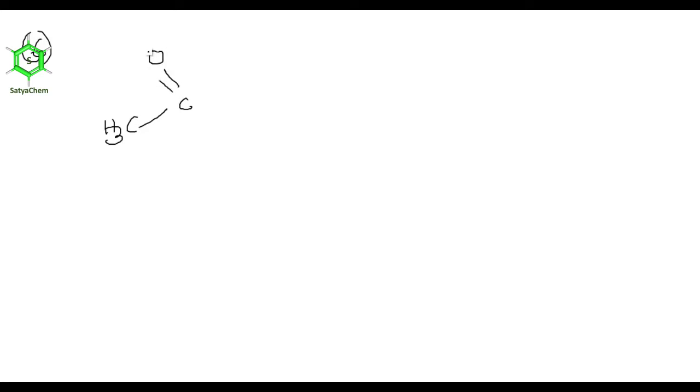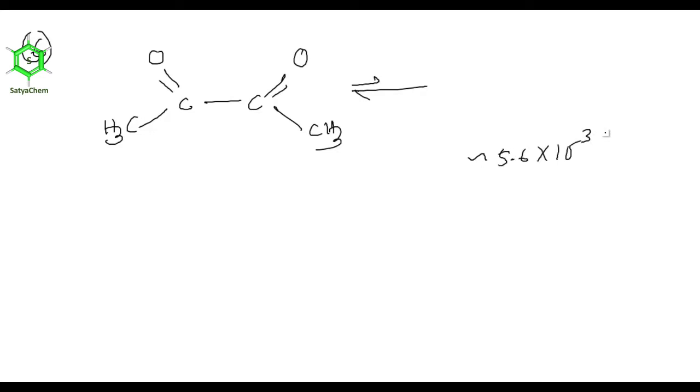This is a 1,2-dicarbonyl compound. Clear? So here the enol content is very less, near 0%. The enol content is 5.6 into 10 to the power minus 3%. So it's very small.